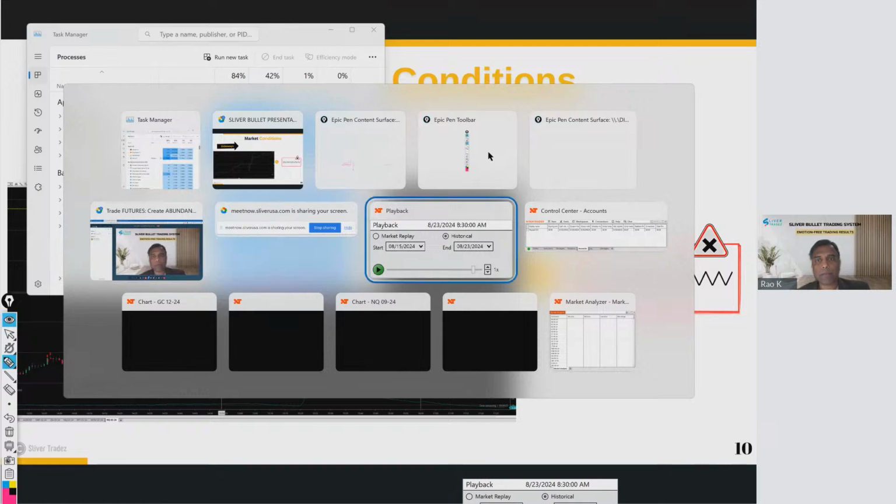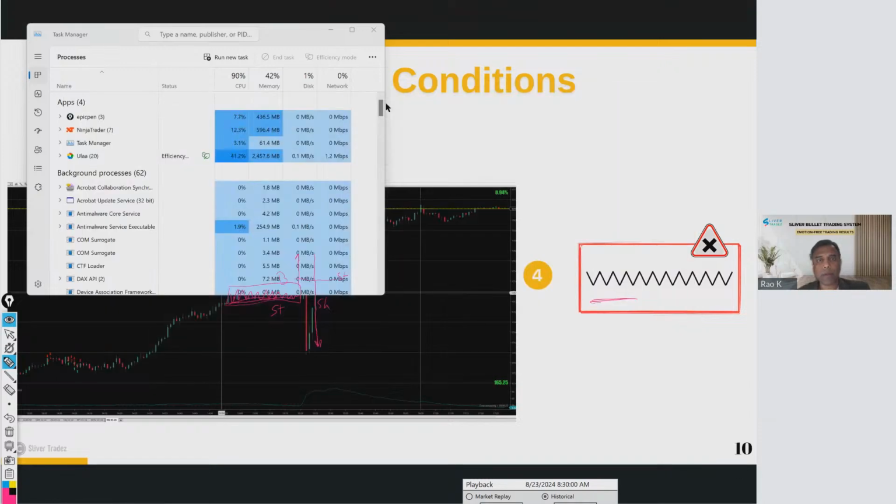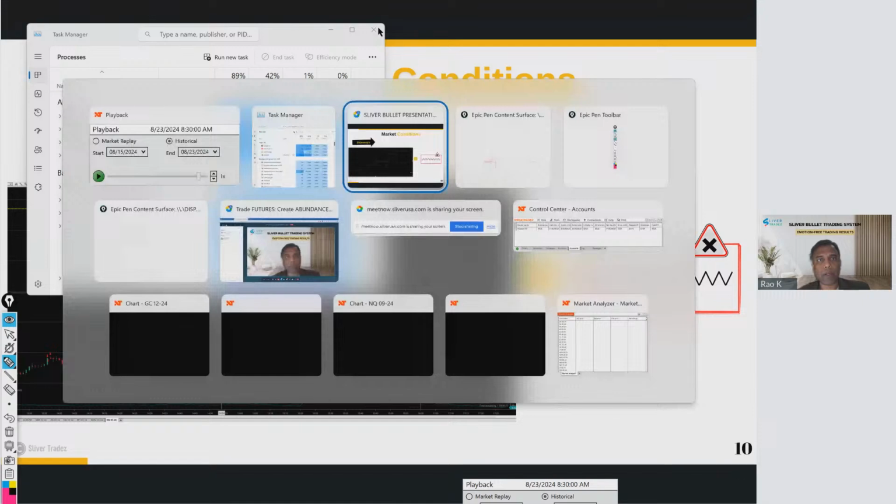I'm not sure why it's behaving suddenly.